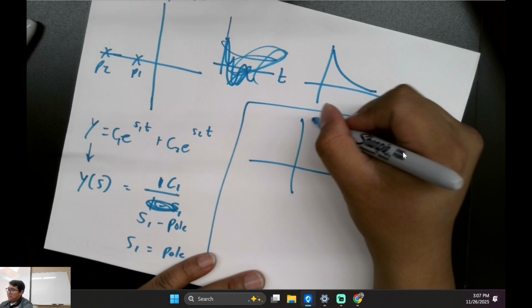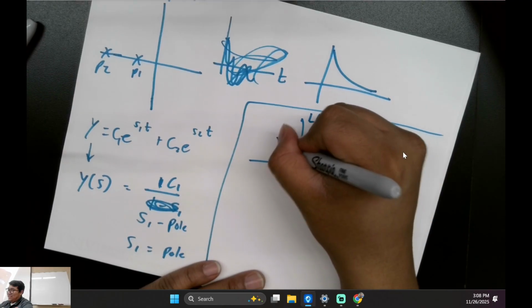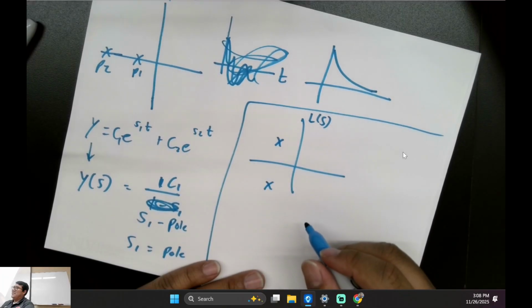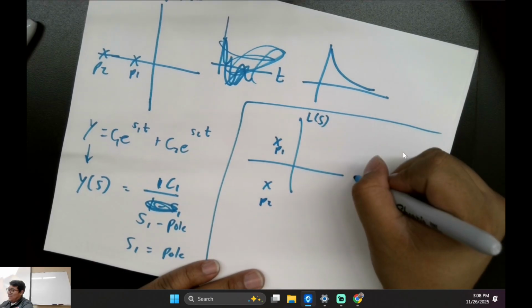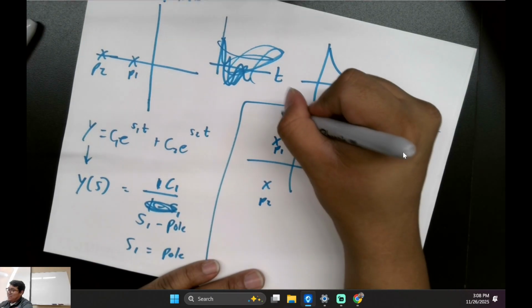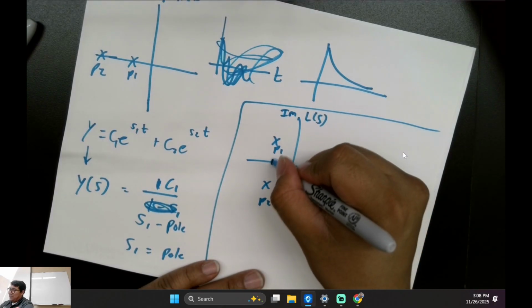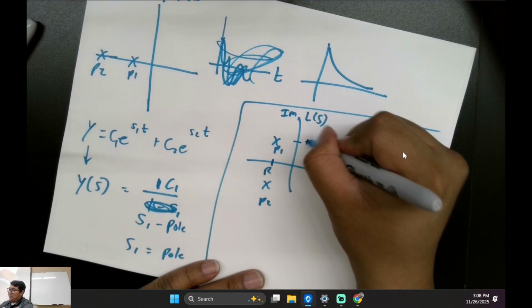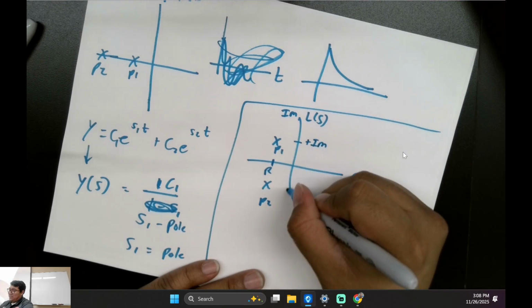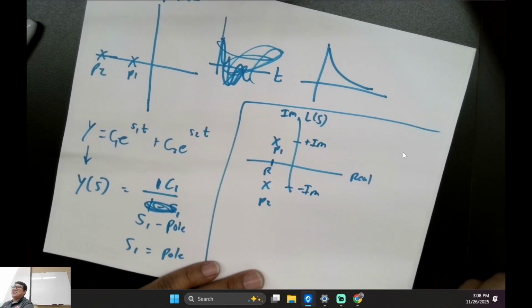Here's your Laplace transform, L of S, okay? Where your poles look like this and this, P1 and P2. This is the real axis, and this is the imaginary, right? So I have some real value right here, R, real. And then this right here is my plus imaginary, and this right here is my minus imaginary, right? Is that making sense what I'm trying to show you guys?